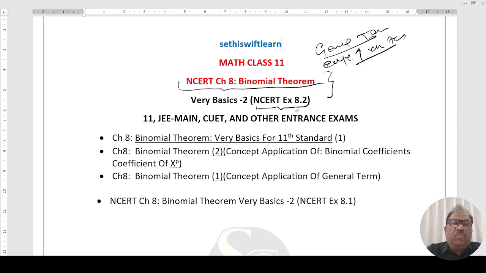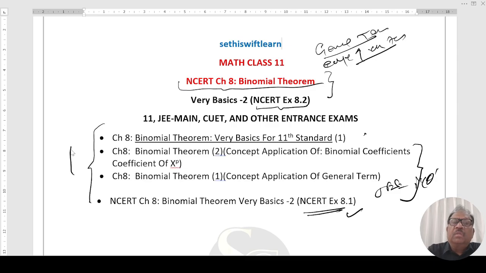In earlier sessions, we have gone through all these. In this case, illustrations are taken from JEE Main PYQs. And in this case, NCERT exercise 8.1, which you can review on the YouTube channel Statistics Learn.